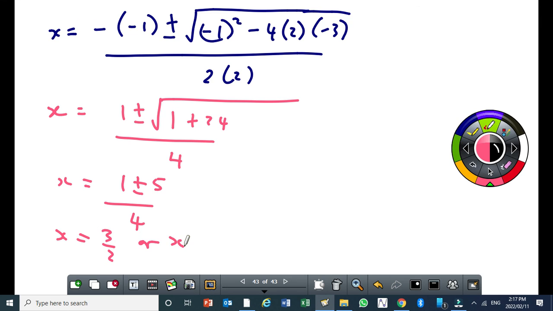If I take the negative, I'll get x equal to minus 2. Now, both of them are going to be valid answers. Negative 1, oh, negative 1, because minus 4 over 4 gives me minus 1. Right, so these are the two answers that you're supposed to get. Okay, and then you are done.